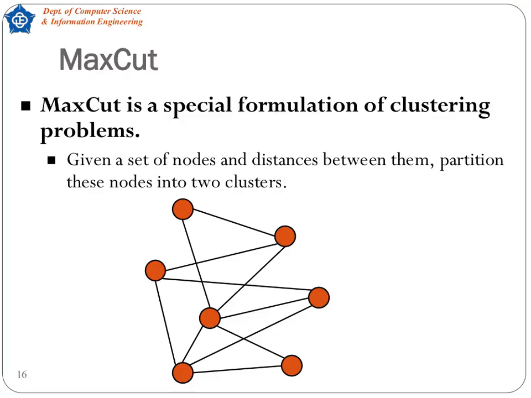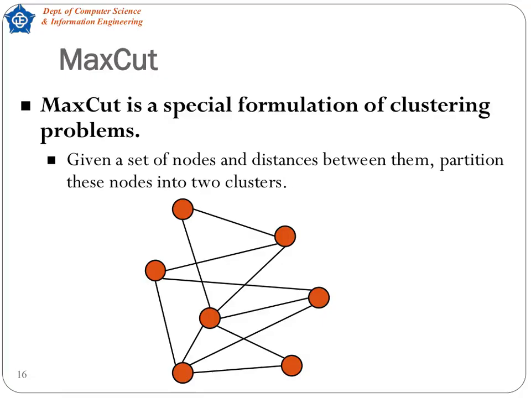The problem we just outlined, dealing with activities, people, and their preferences, can indeed be viewed as a type of graph problem. And that leads us directly to what we'll explore on this slide, the concept of max cut. So what exactly is max cut? At its heart, it's a specific formulation of clustering problems.